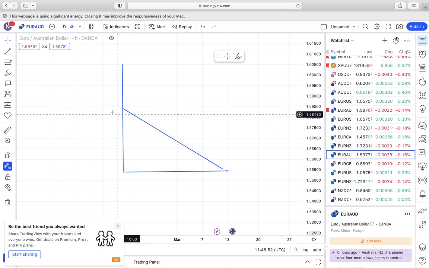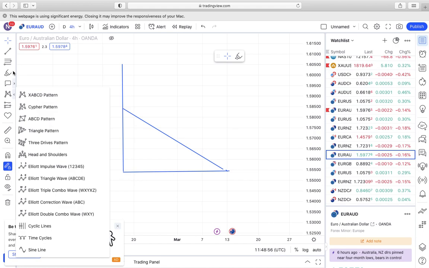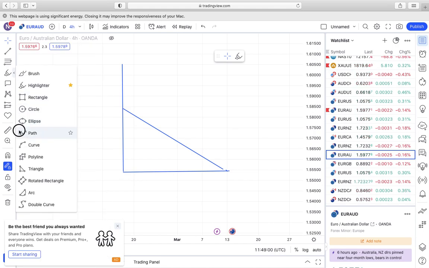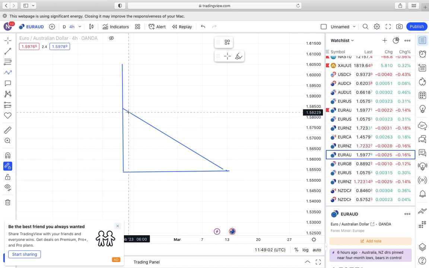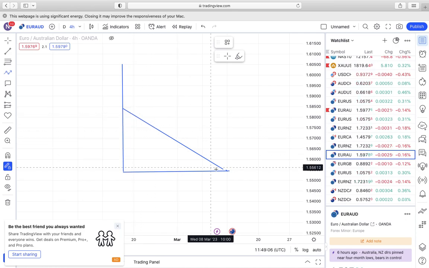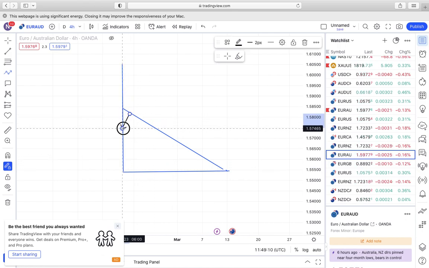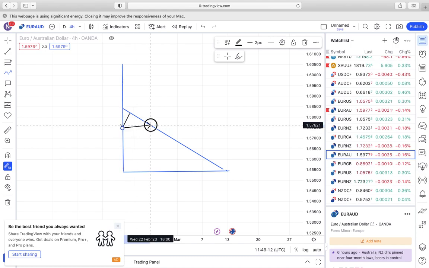Now let me say this market was moving this way. This is some good trade you can find. Let me say this market was moving this way. This market was moving this way.